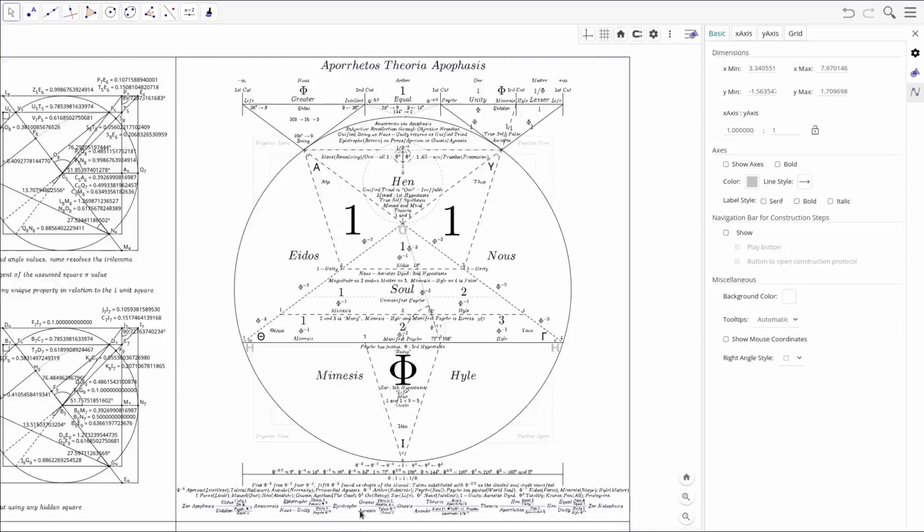And I have ananke as mone prohodos over epistrophe as 101 in another sense, but it's also the expression of negative infinity and positive infinity.